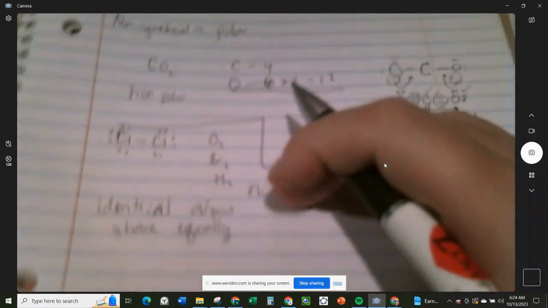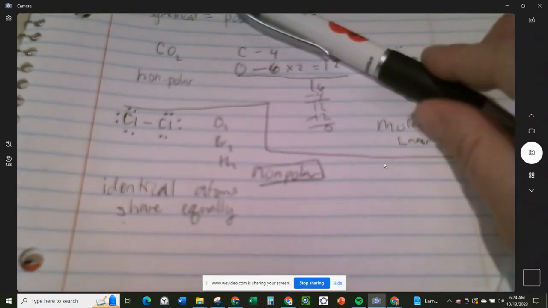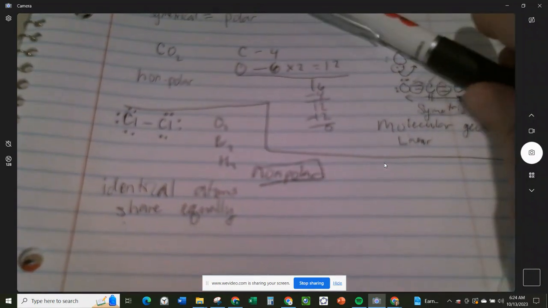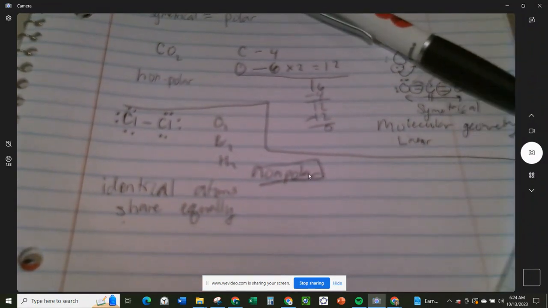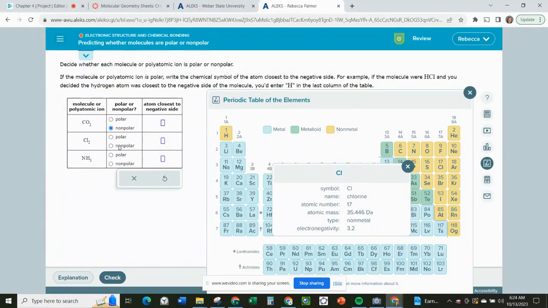So remember, polar bonds is when they're sharing unequally. So if they're identical, they're sharing equally, they're going to be nonpolar. So anytime we have an imbalance and something that's not symmetrical, that's going to be polar. So this is going to be nonpolar again. And again, this one might be a good one to have as an example on your note card.